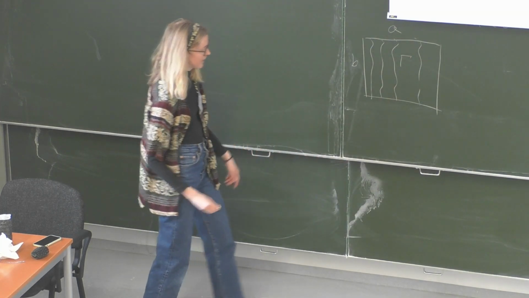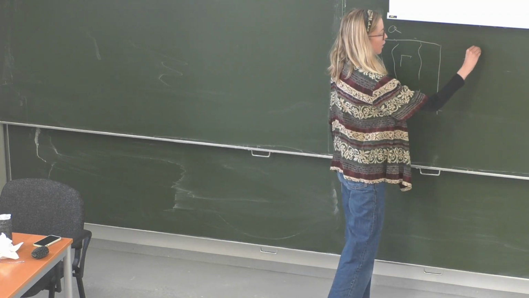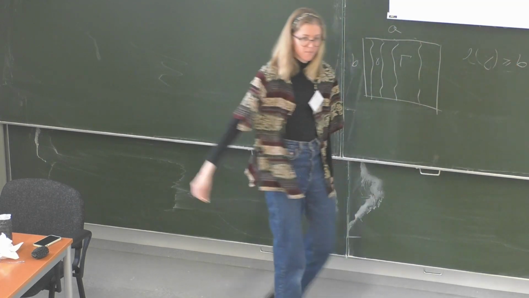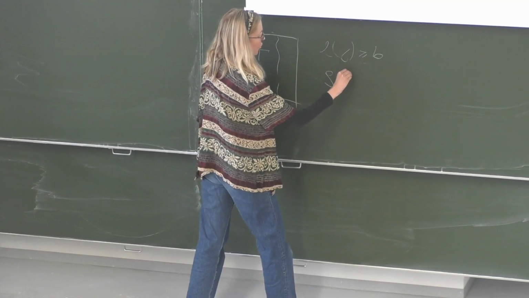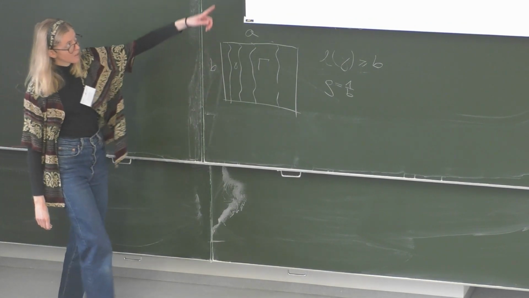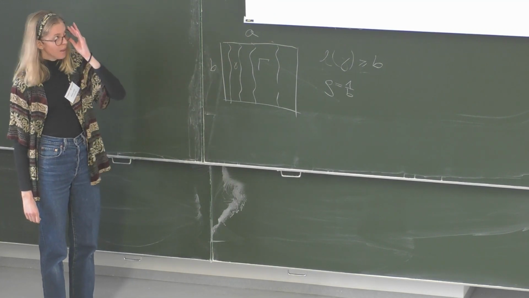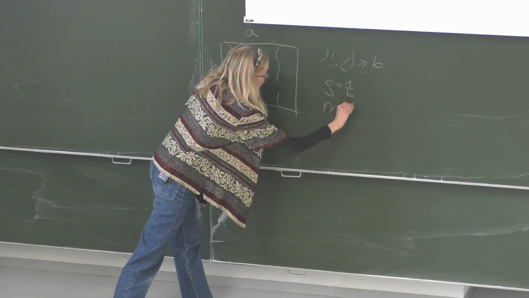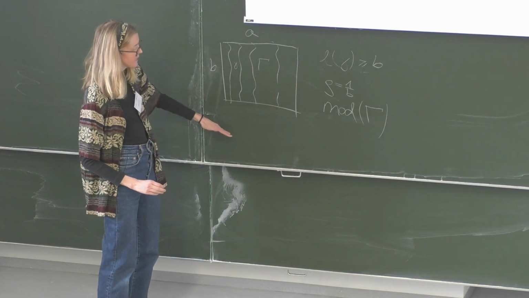What we can observe is that if we pick an element, little gamma in gamma, then the length of little gamma is at least B. So if we pick rho as being 1 over B, this condition is satisfied for all curves in this family. And now we're interested in the modulus of this curve family of all curves connecting these two sides.